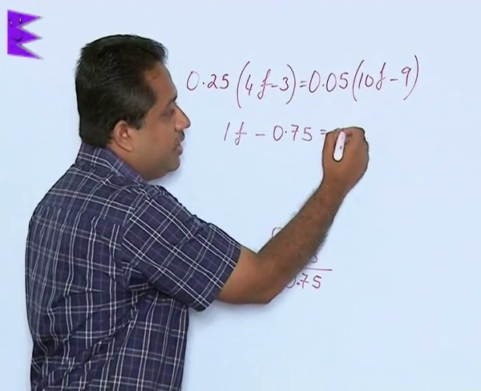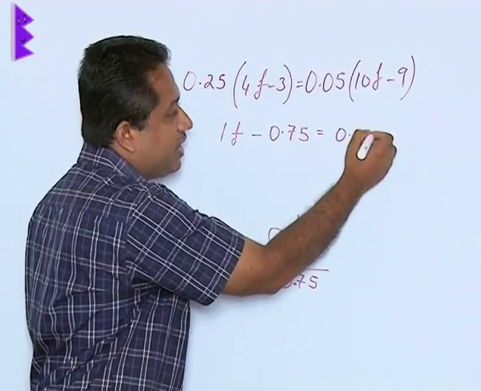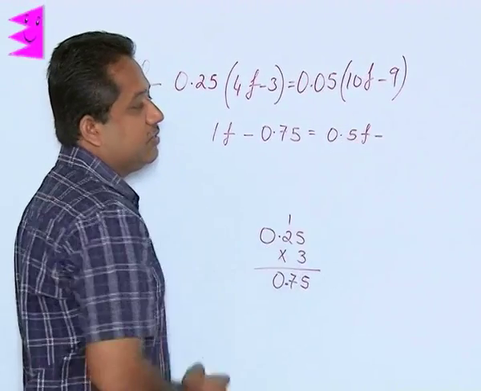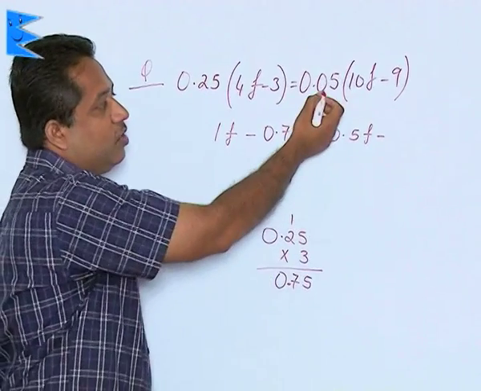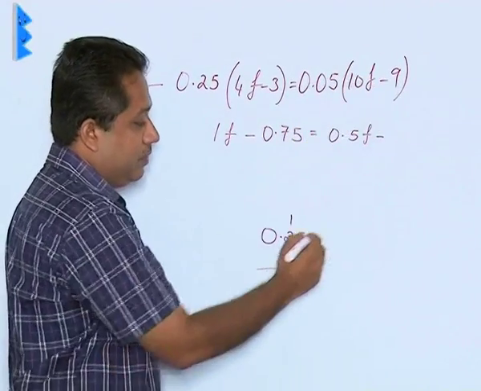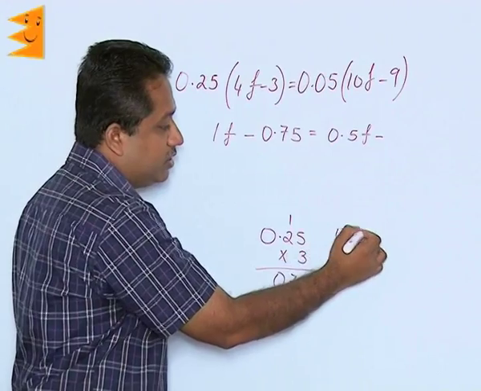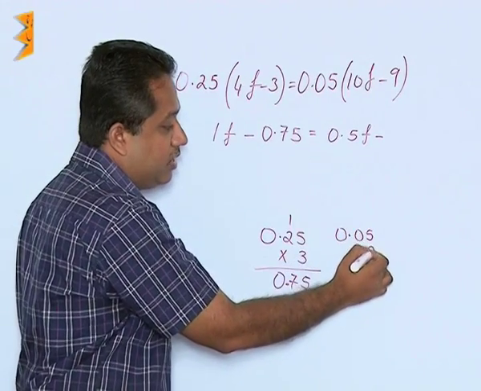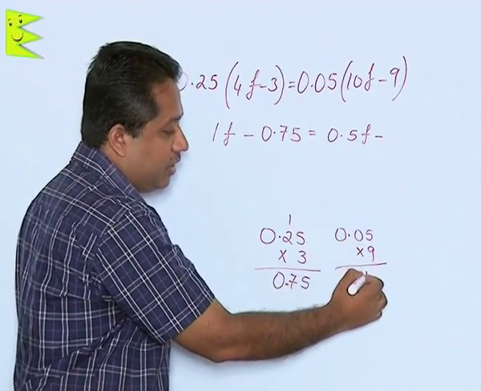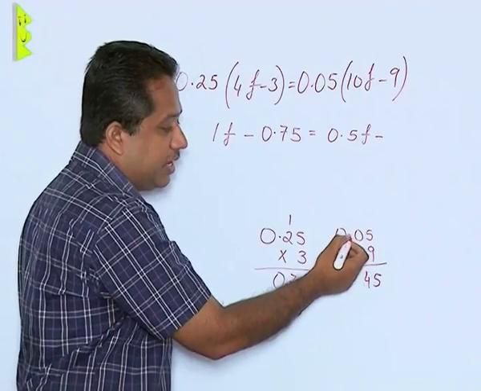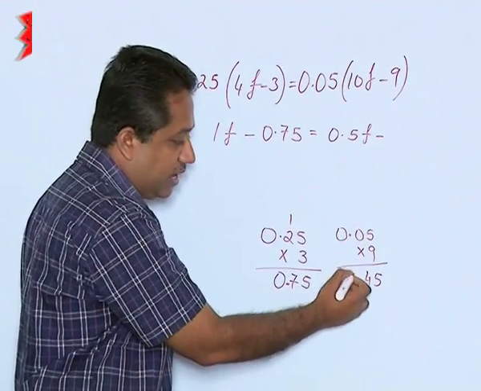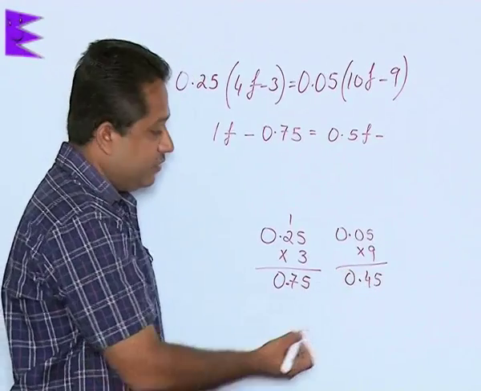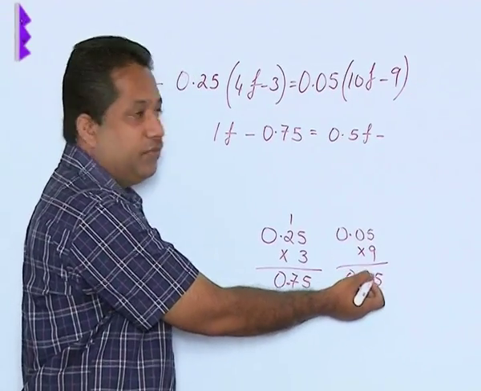So, this is going to be 0.5f minus, repeat the procedure as I showed here, 0.05 into 9. So, 0.05 into 9 we know is 9 5s are 45, but there are two numbers after the decimal. So, your answer also will have two numbers after the decimal. So, this will be 0.45.